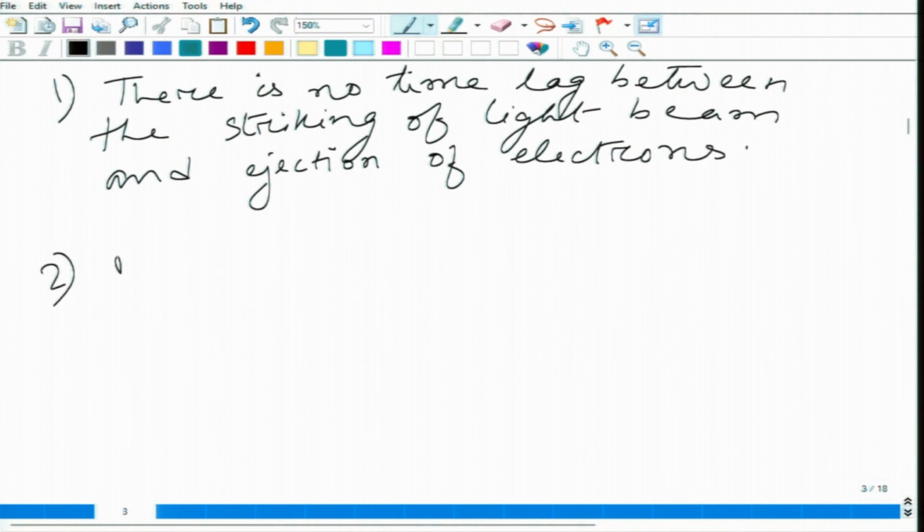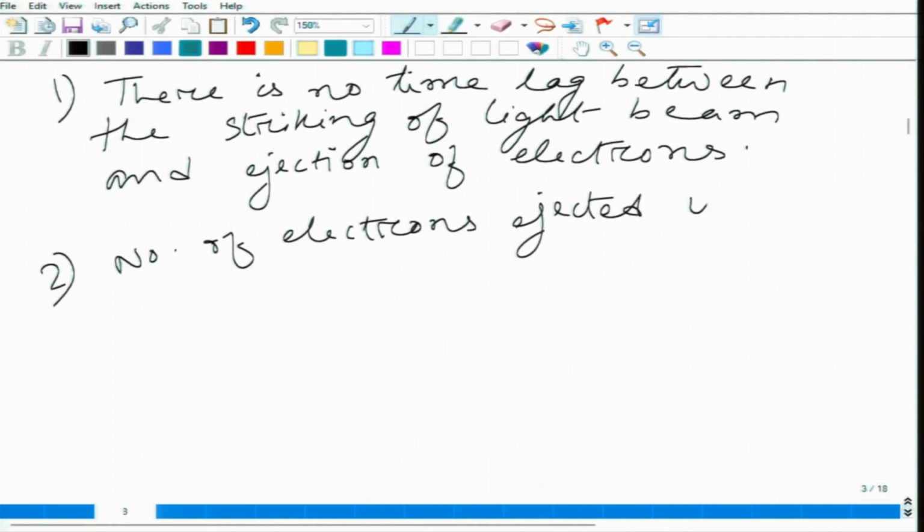And number of electrons ejected is proportional to the intensity of light.